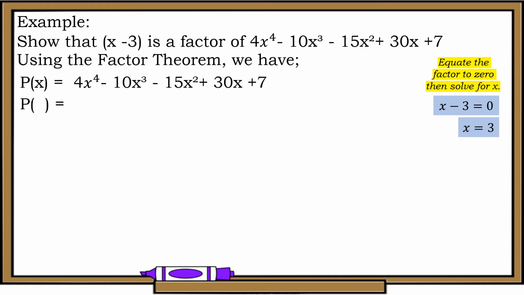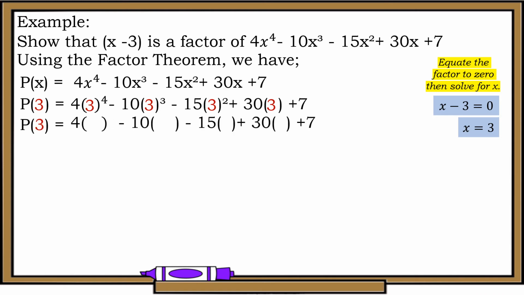Lahat ng x, papalitan natin ng 3. So, 4x to the fourth or 4 times 3 to the fourth, minus 10x cubed or minus 10 times 3 cubed, minus 15x squared or minus 15 times 3 squared, plus 30x or plus 30 times 3, plus 7.